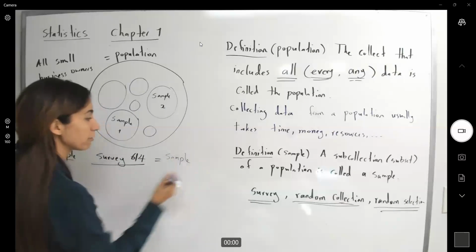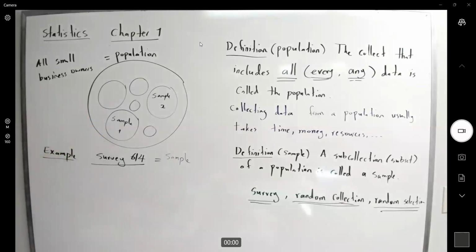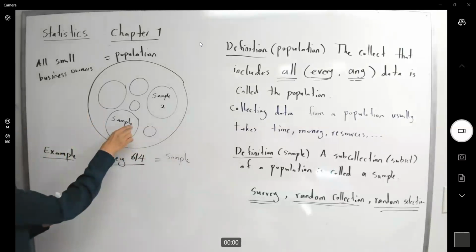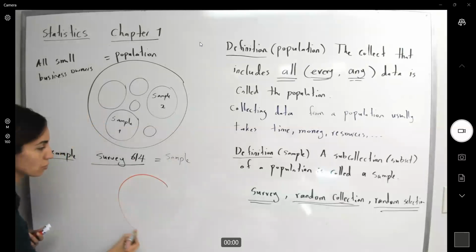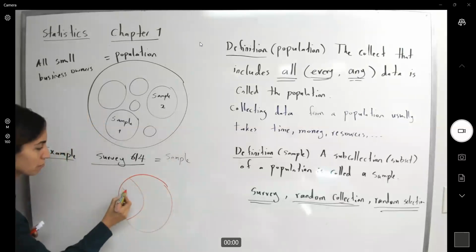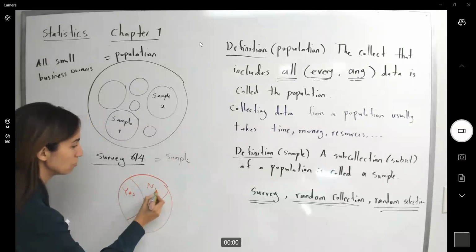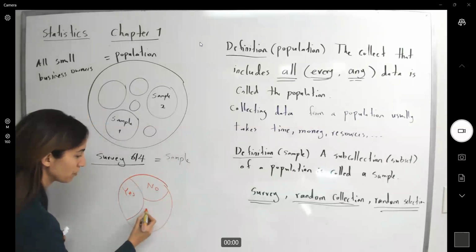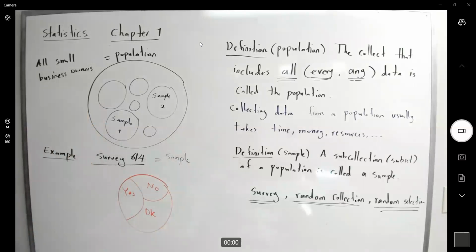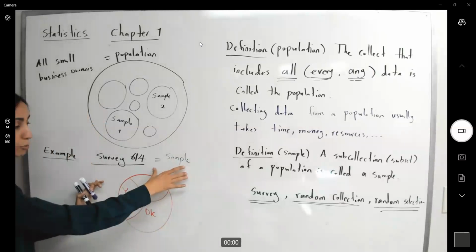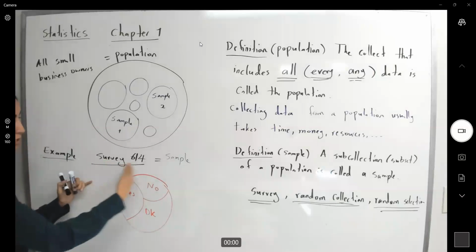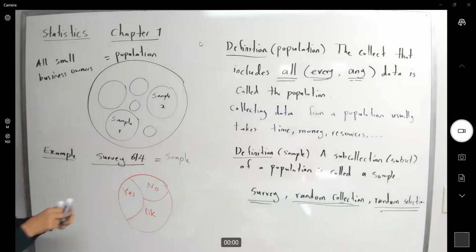All right. The confusing part is the number 258. I expect you to ask, so what is 258 then? In this sample, some said yes, some said no, some said we don't know, we don't care. In your survey of 614, 258 said yes.